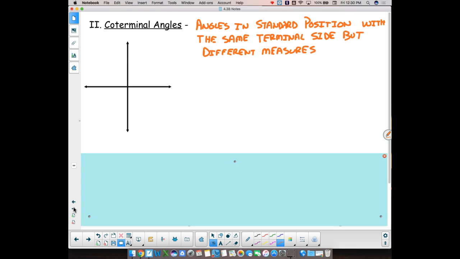So, for instance, 30 degrees. That's my initial angle. My angle here is 30 degrees. Let's find at least 4 coterminal angles to go along with 30 degrees.